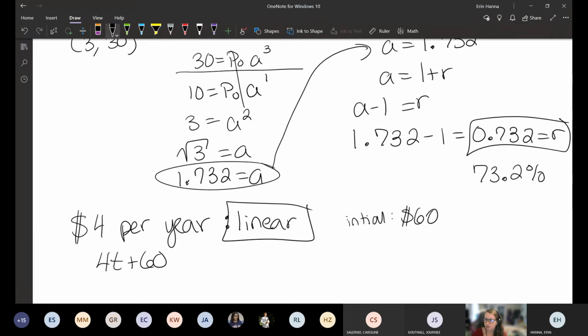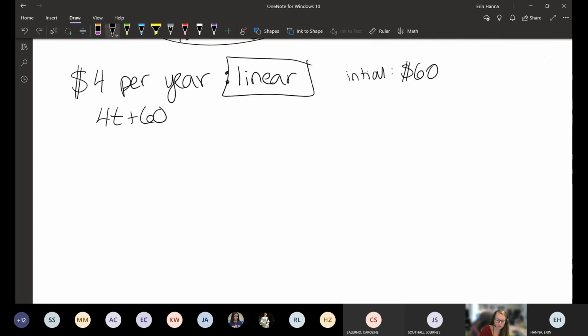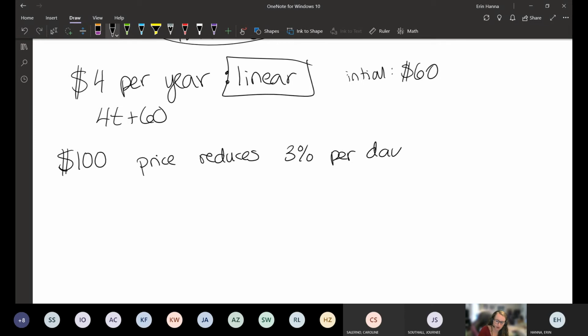I also have a problem on a question where it says the product costs $100 today, and what would be the price if reduced by 3% per day? Okay, Savannah. So $100 today, and the price reduces by 3% per day. I agree that the 100 should be your P naught.